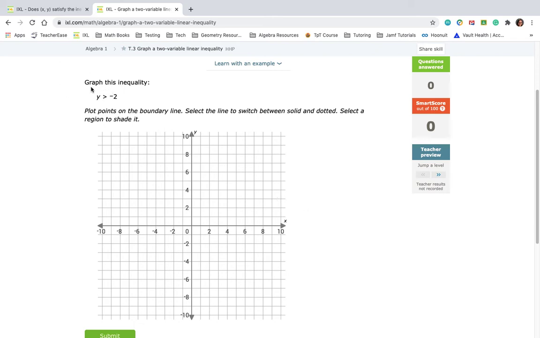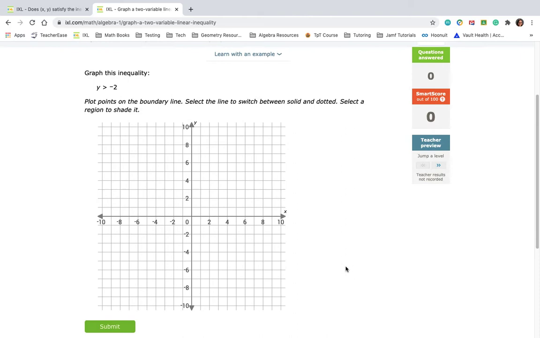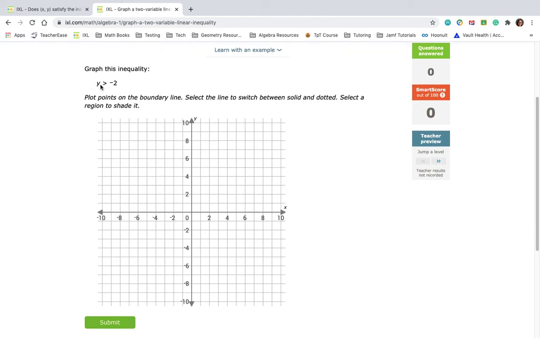So the first one we're given is graph this inequality, and we're told y is greater than -2. So first things first, y is greater than -2. I'm going to go to where y is -2, and I'm going to put a dot. And then remember, when you just have y, this line's kind of a special case. It's where it's just horizontal.